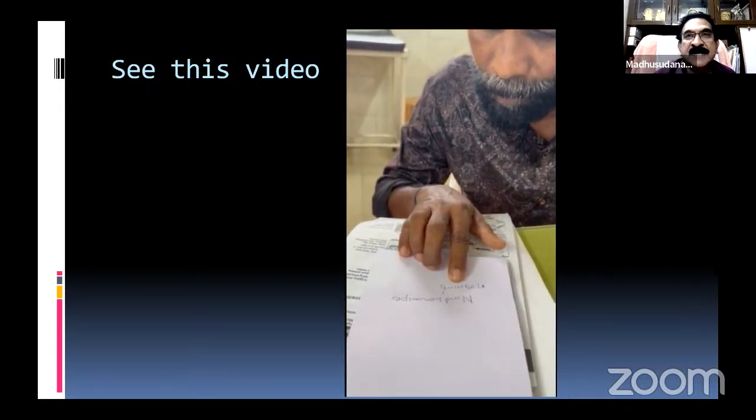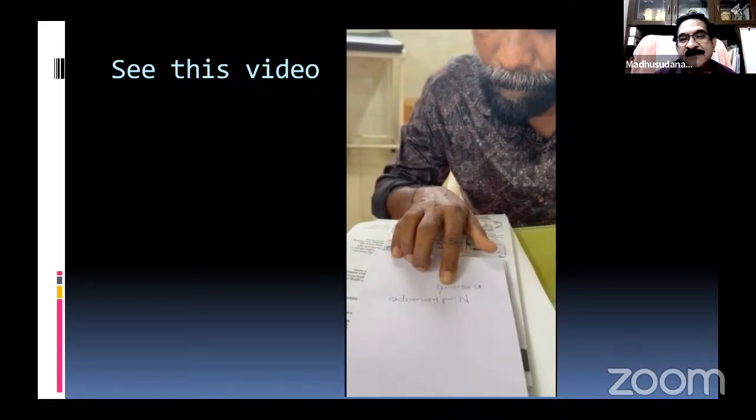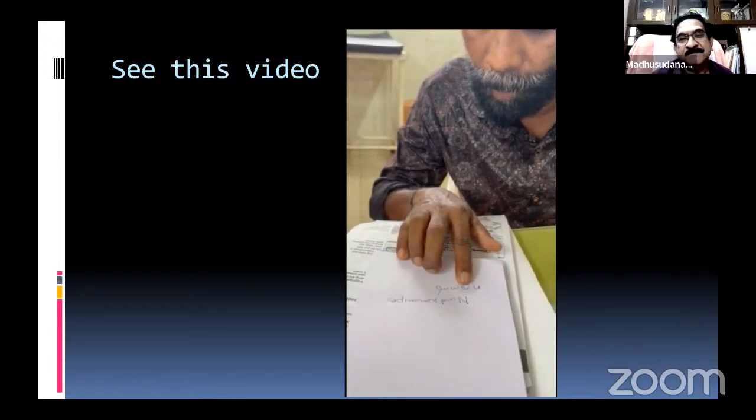It was the Malayalam letter Na, but he read it as M. That means he could not read even an English letter nor a Malayalam letter. But he could write his name completely.